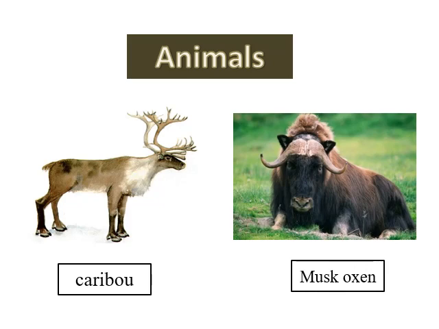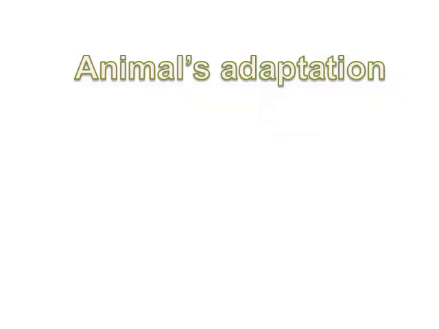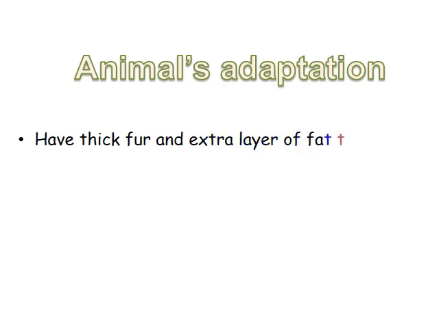They look very much like those found in the taiga biome. Of course, they will have thick fur and a thick layer of fat to help them survive the cold weather, and it will keep them warm.